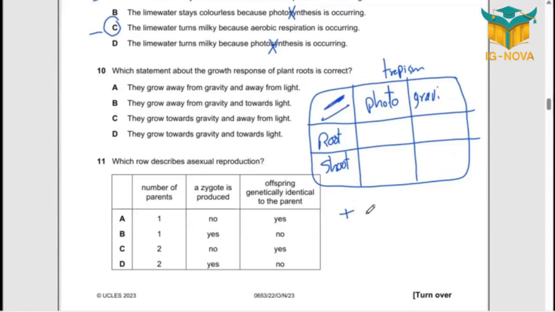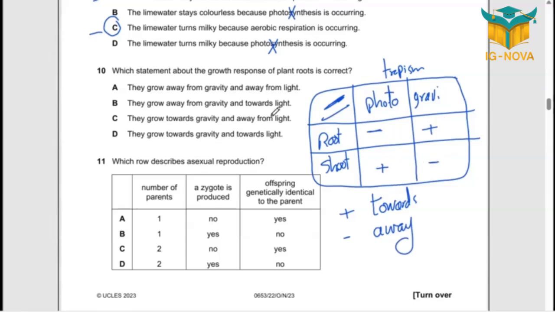The key is if I add plus, it means towards, if I add minus, it means away from. Root phototropism is surely away from. Root gravitropism is surely plus, towards. Shoot is the opposite.